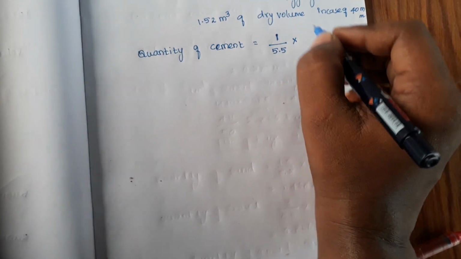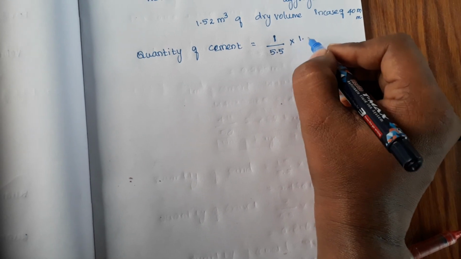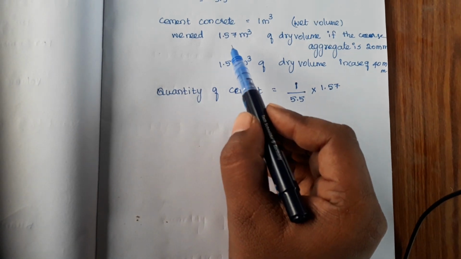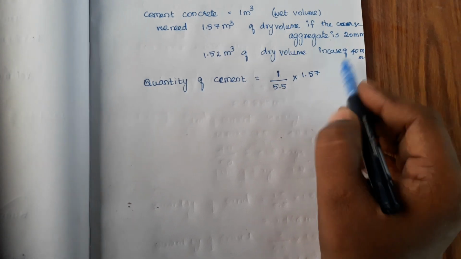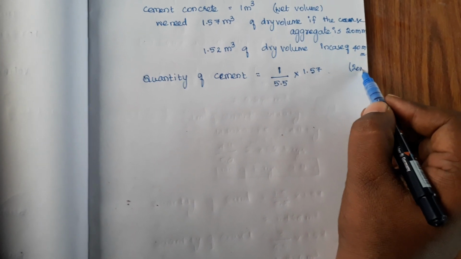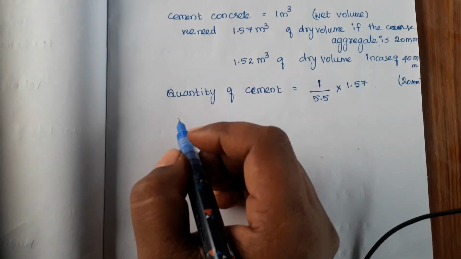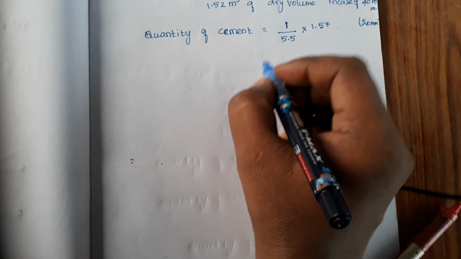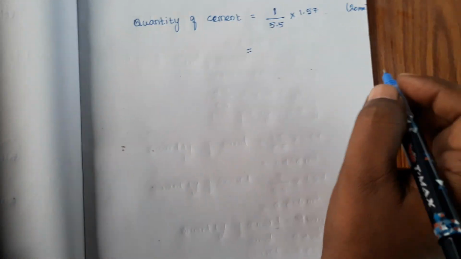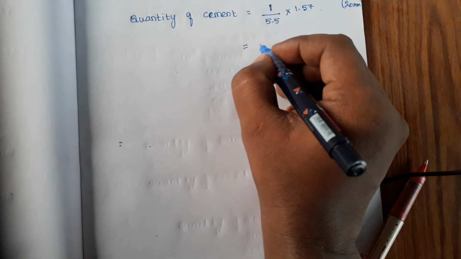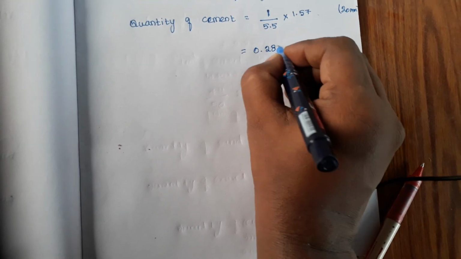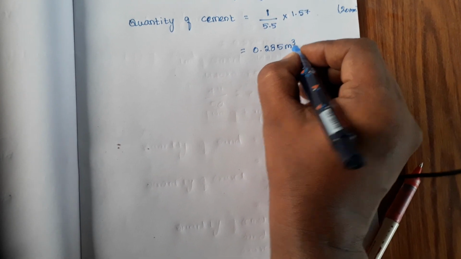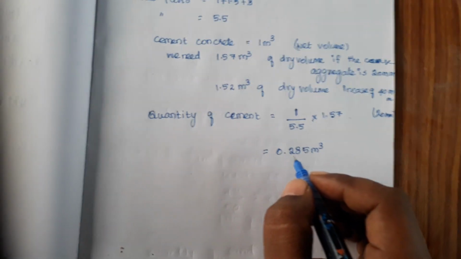Now we are going to take 20 mm aggregate, so the dry volume is 1.57. Now we need to calculate the total, which is 0.285 meter cube.